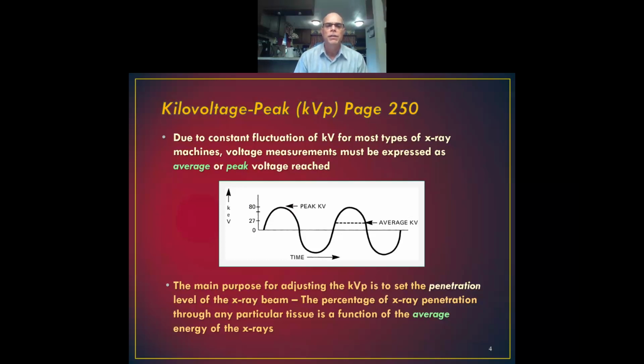It says due to the constant fluctuation of kV for most types of X-ray machines, voltage measurements must be expressed as average or peak voltage reached. The main purpose for adjusting the kVp is to set the penetration level of the X-ray beam. The penetration of X-rays through any particular tissue is a function of the average energy of the X-rays.